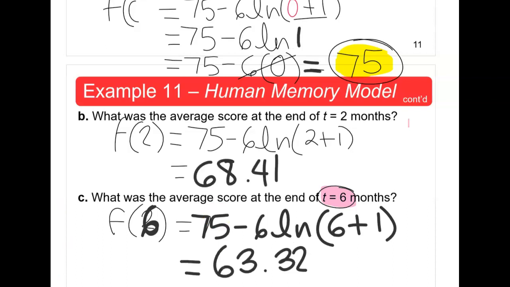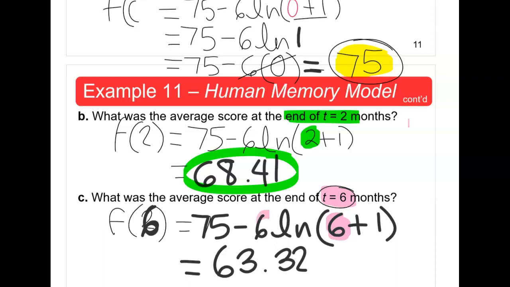Okay, so I calculated what will be the average score at the end of 2 months. I substituted x with a 2, and the average score I got was 68.41. And then for after 6 months, I substituted x with a 6. You could type the whole thing on your calculator at once.